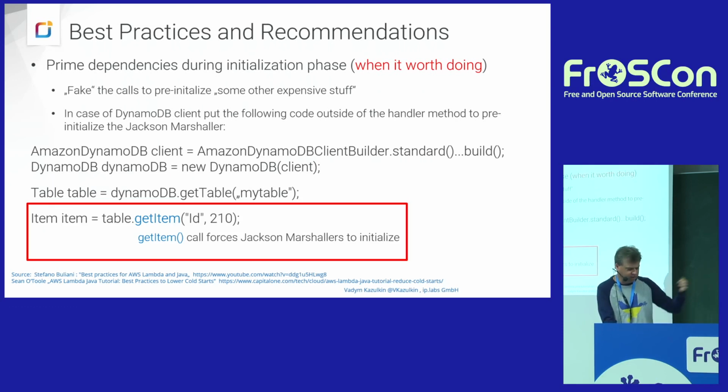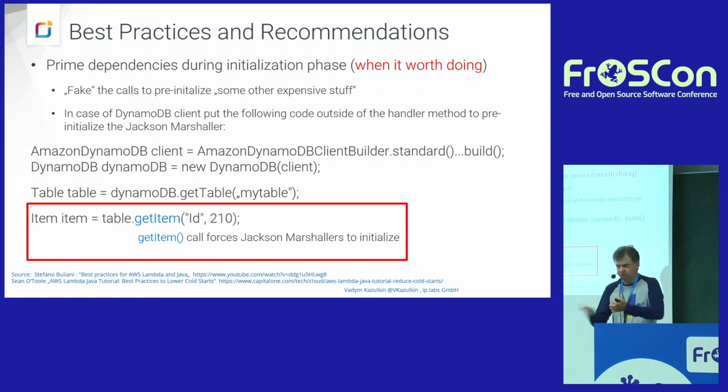Like there are products and you would like to get the item with no matter what ID. People know that DynamoDB uses JSON for serializing and deserializing, marshalling and unmarshalling JSON to object and back, and this JSON marshaller initialization costs you 1 second. And it's only a one-time thing.